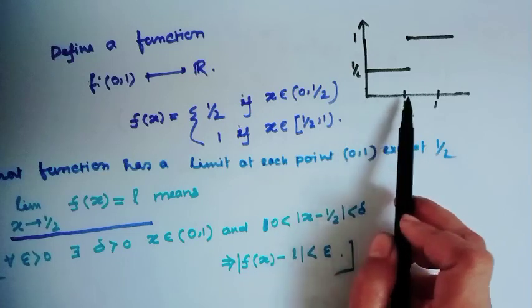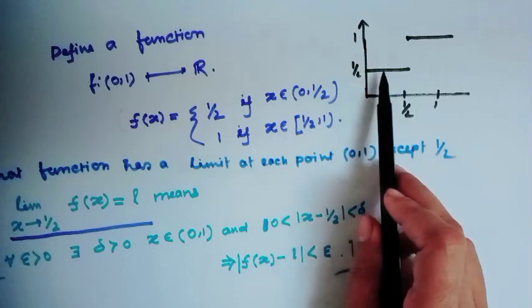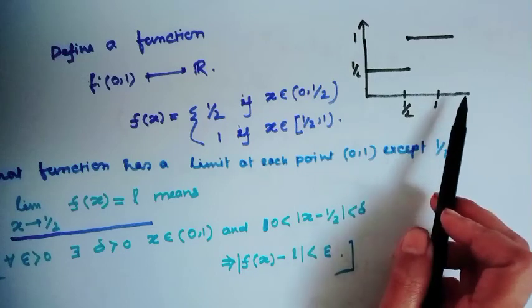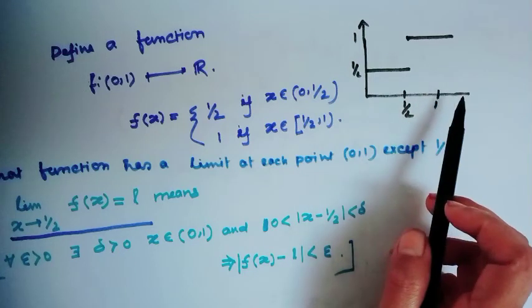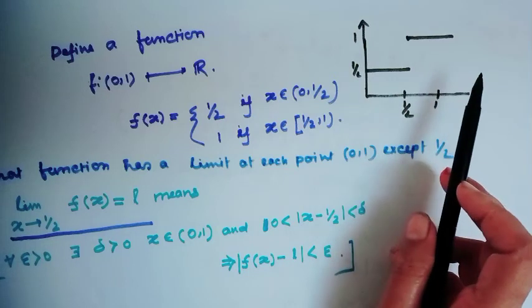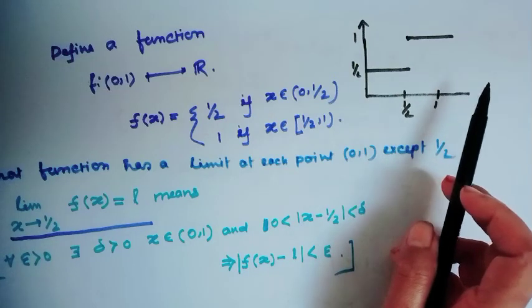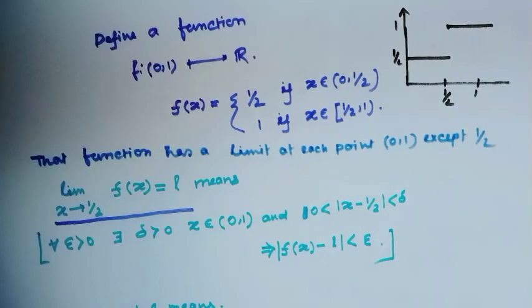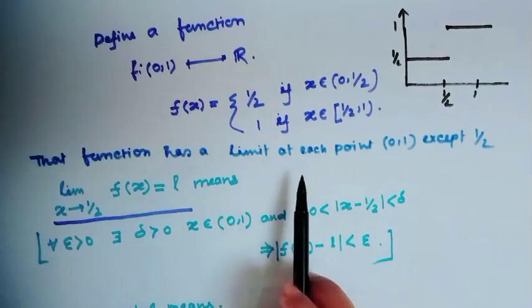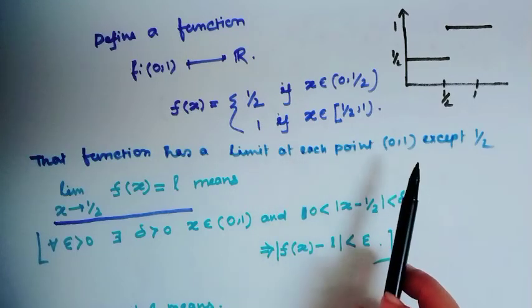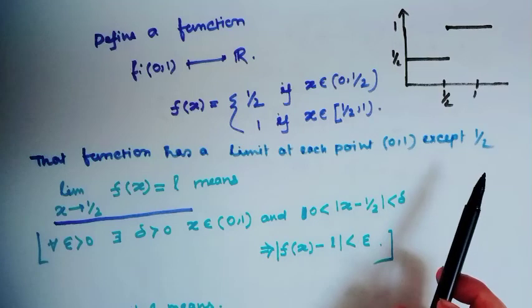In the interval (0, 1/2) the value of the function is 1/2, and in the interval [1/2, 1) the value of the function is 1. Then the function has a limit at each point of (0, 1) except 1/2.